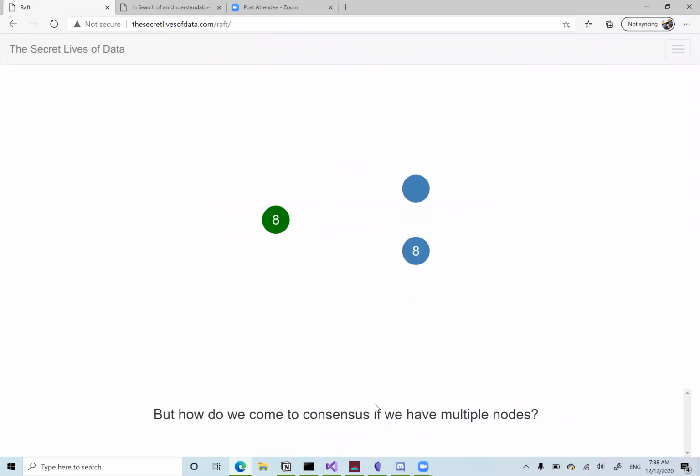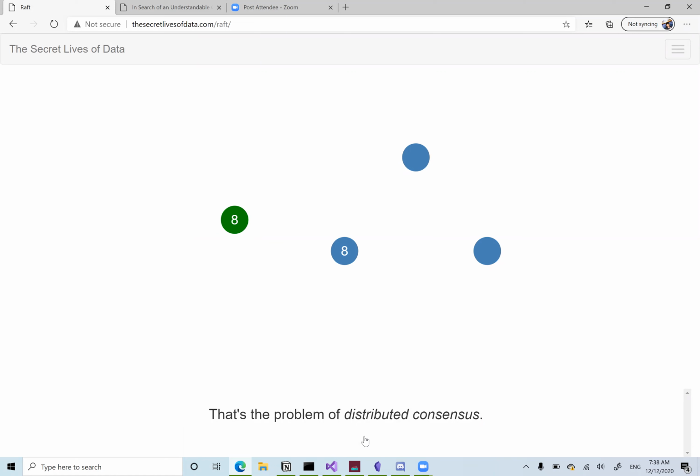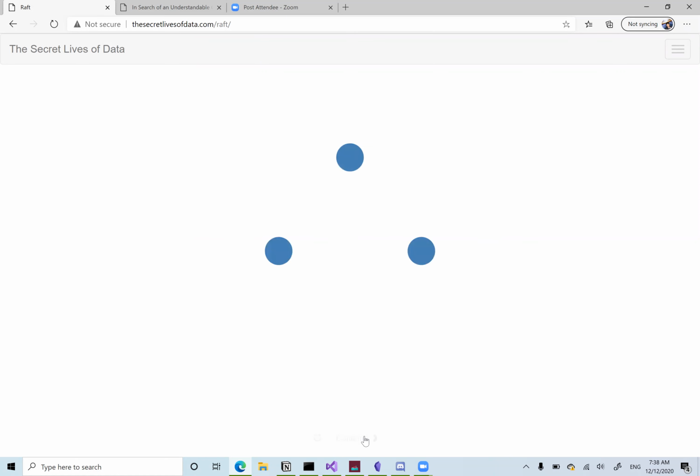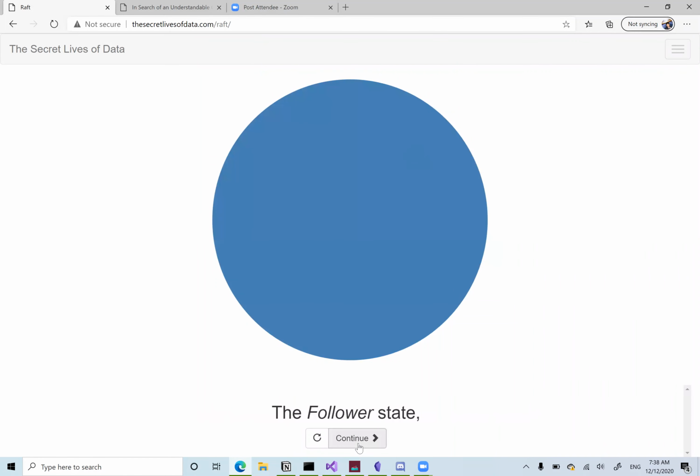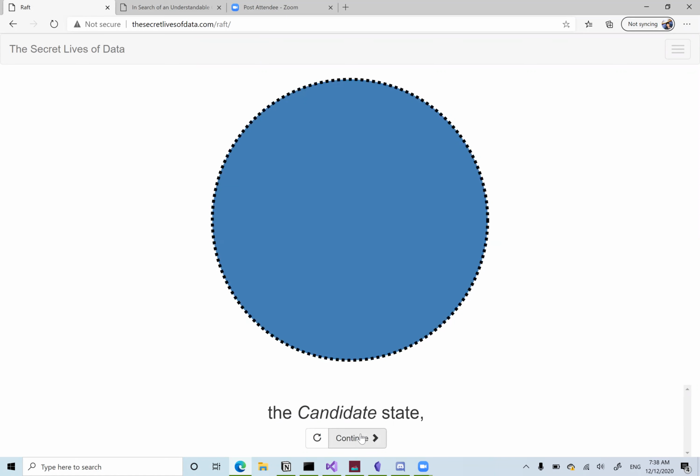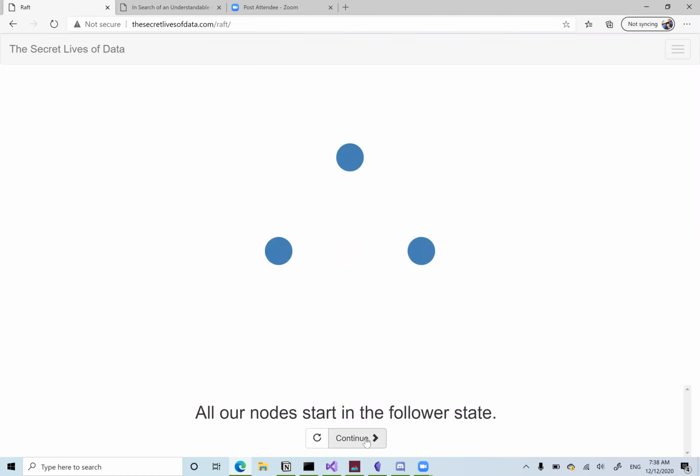And we discussed that in Raft, the way it is done is by electing a leader. A node could be in one of three states: a follower, a candidate, or a leader. All of the nodes are initially in the follower state.